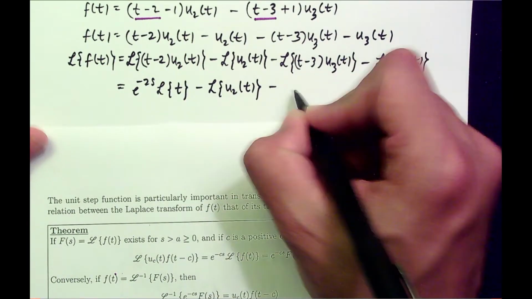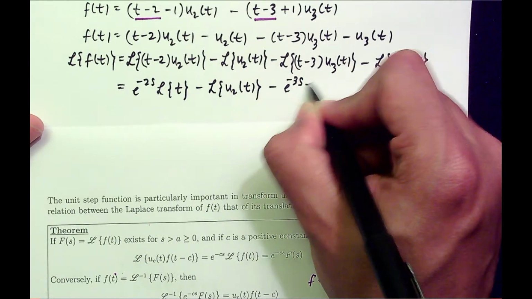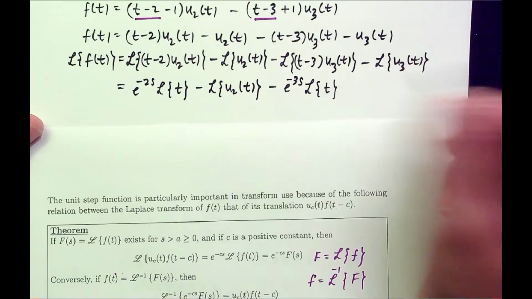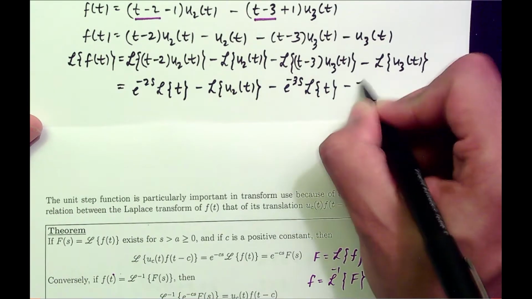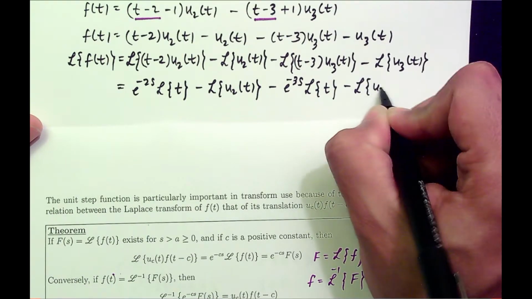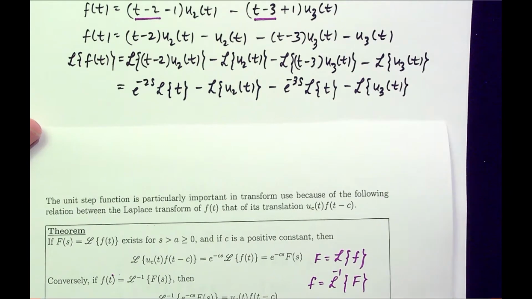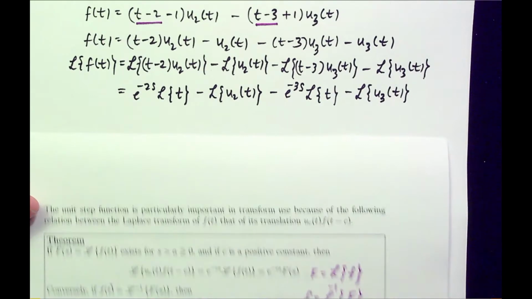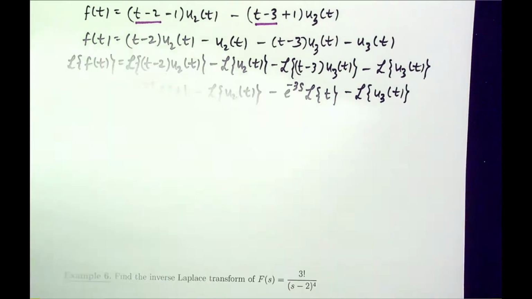So this is going to be e to the negative 3s times the Laplace transform of t, minus the Laplace transform of u3t.